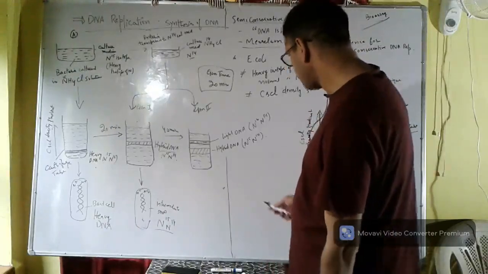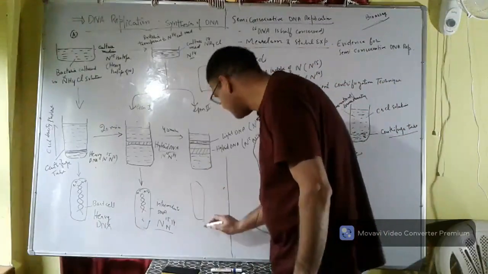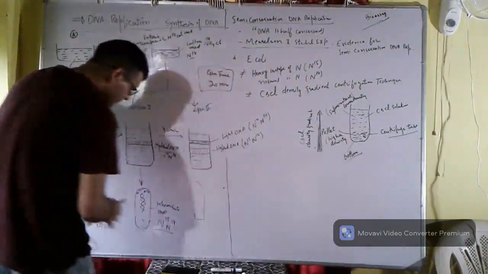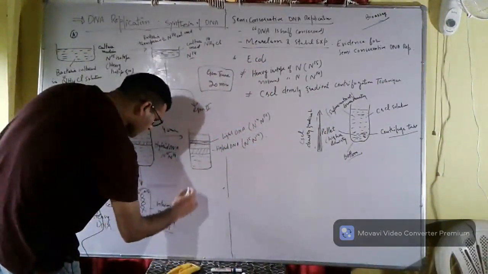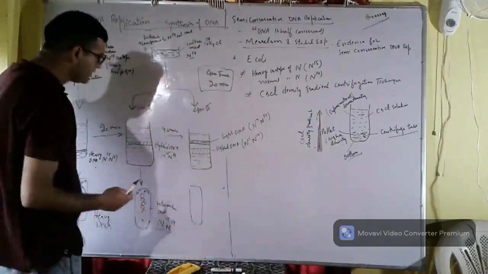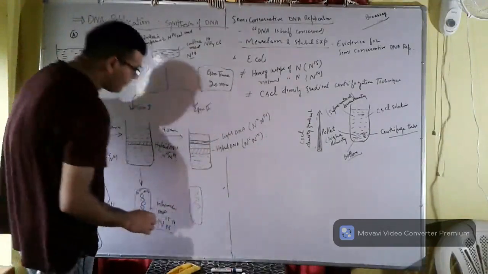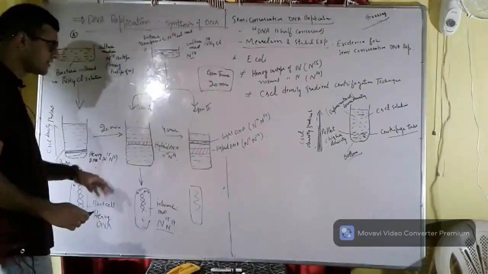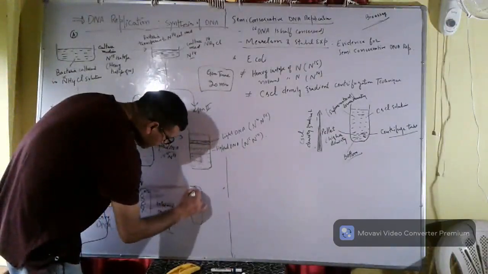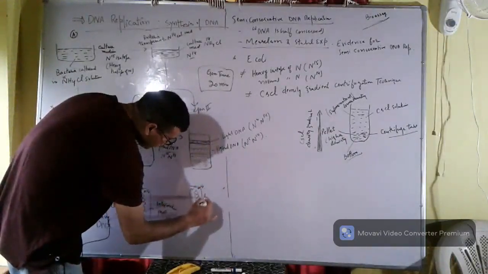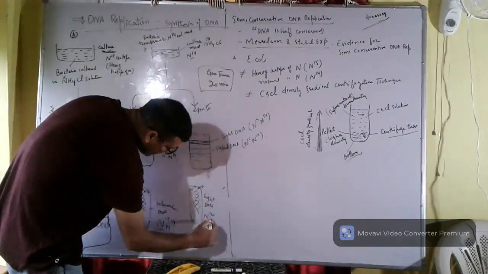Then the bacterial cells. In the second generation, we would get bacterial cells which would be having light DNA. That means light DNA means N14. So light DNA has two strands, N14.